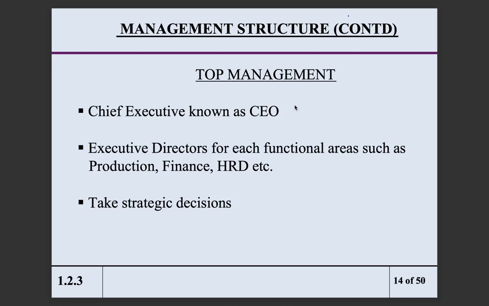All of these come under the top management. Then we have the executive directors for each functional area, such as production, finance, HR, etc. The chief executives handle all of these, and below the CEOs we have these executive directors.